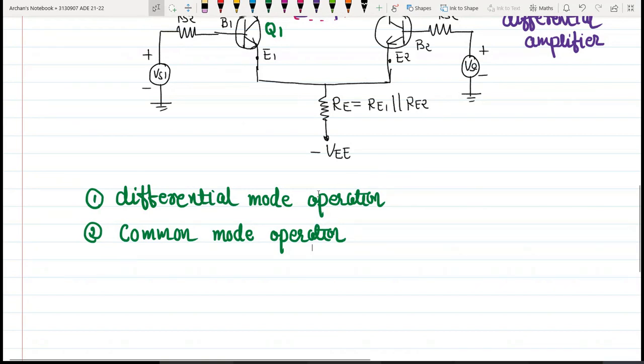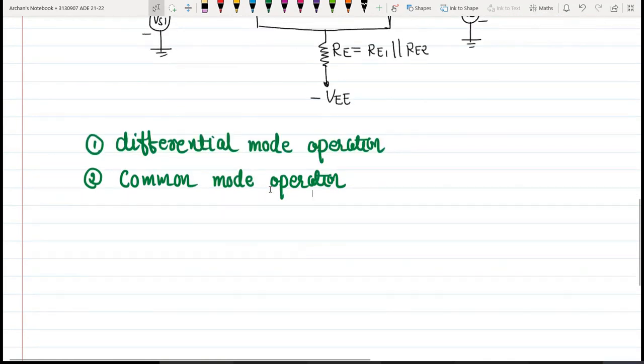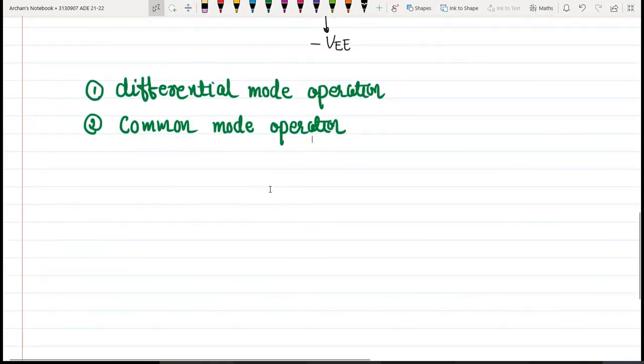So let us start with the first kind of operation, which is known as differential mode operation of the differential amplifier. In the differential mode, the two input signals will be different from each other.